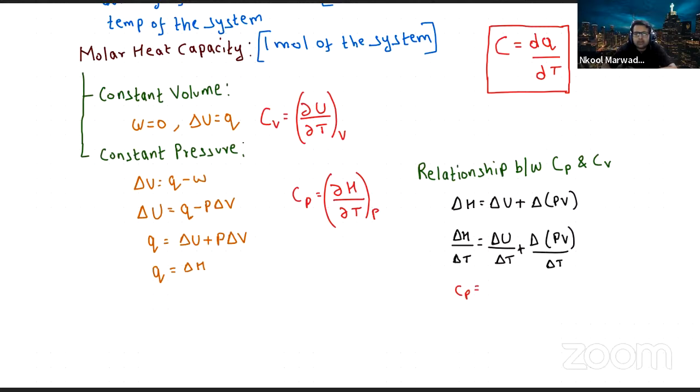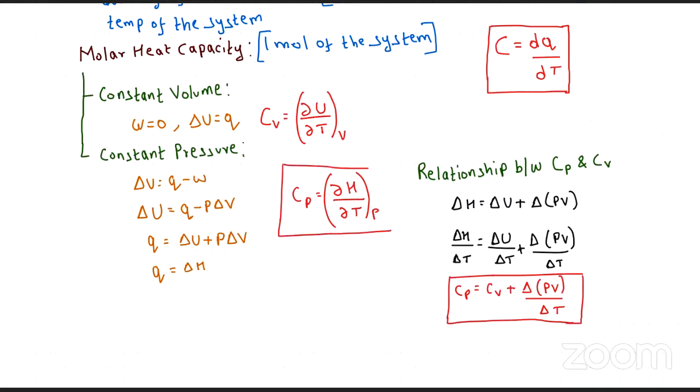And delta U by delta T is Cv, which we just derived. Plus delta PV by delta T. So this is the relationship between Cp and Cv.